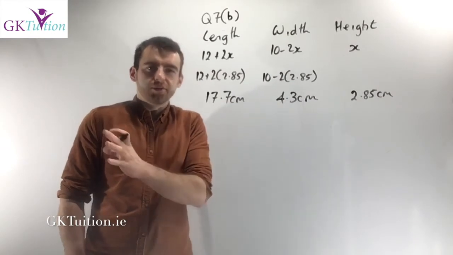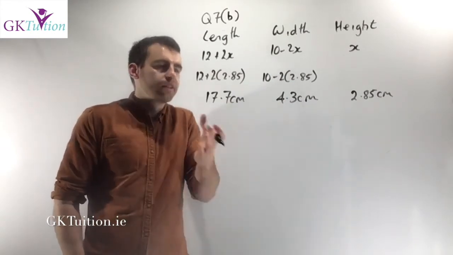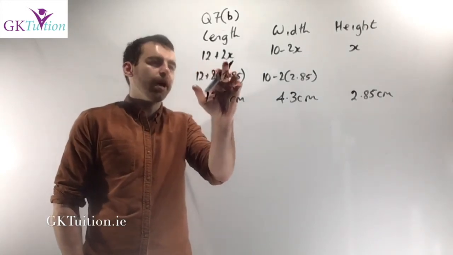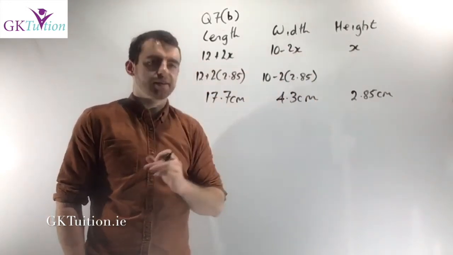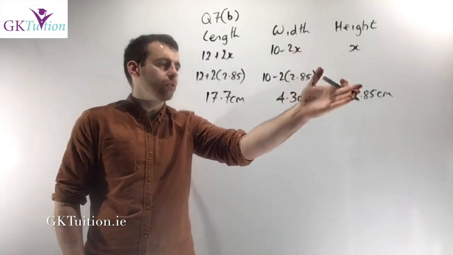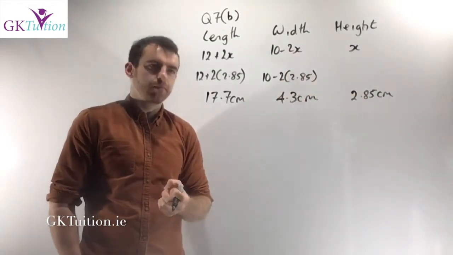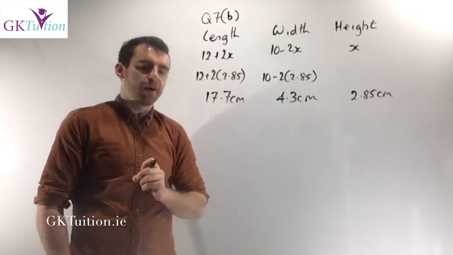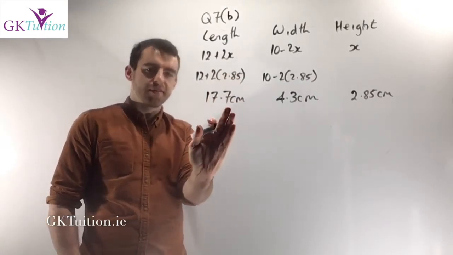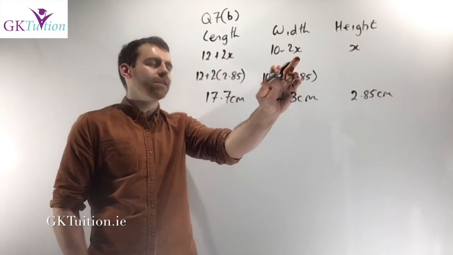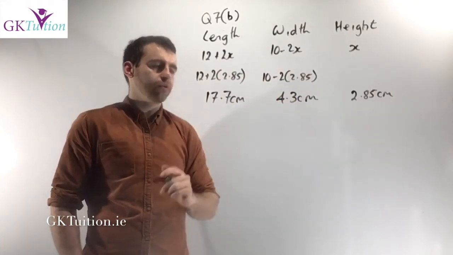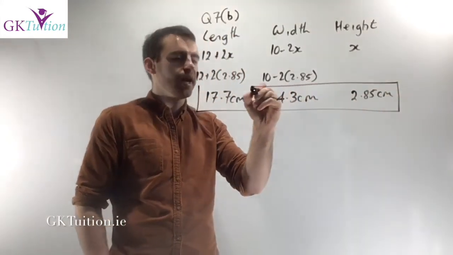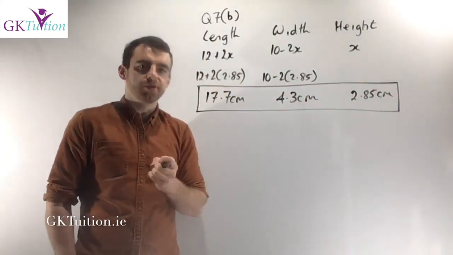They didn't refer to any dimensions, so all you need is 3 separate answers. The dimensions given were 12 plus 2x, 10 minus 2x, and x. I know that x must be 2.85 in this scenario. So 12 plus 2x would be 12 plus 2 times 2.85, which works out as 17.7 centimetres. When I sub x into the width, I get 4.3 centimetres. So these 3 dimensions would create the maximum possible volume for this box.